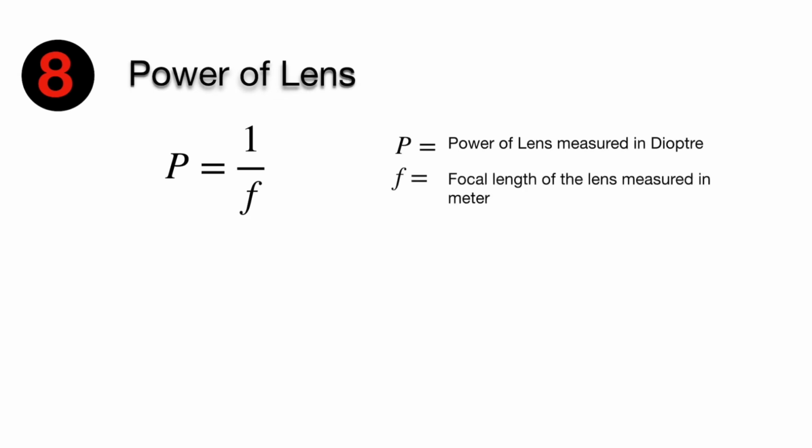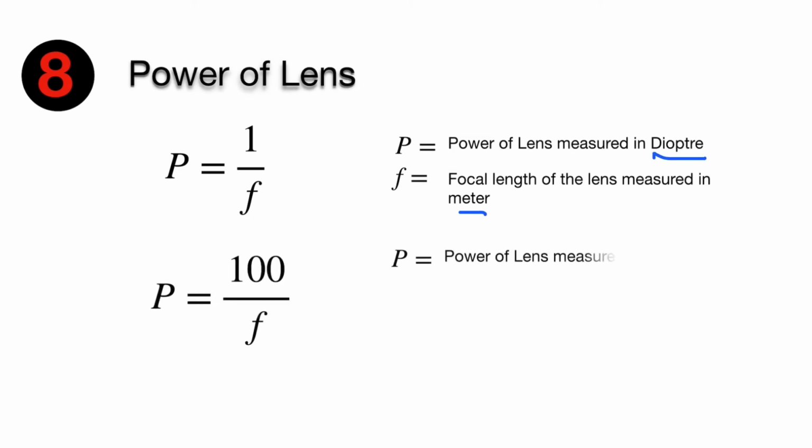Next is power of lens. The power of lens is its ability to converge or diverge the light, and it is equal to the reciprocal of focal length. So power of lens is measured in unit of diopter, where the focal length is measured in meters. If the focal length is in centimeter, then the formula is P equal to 100 by f.